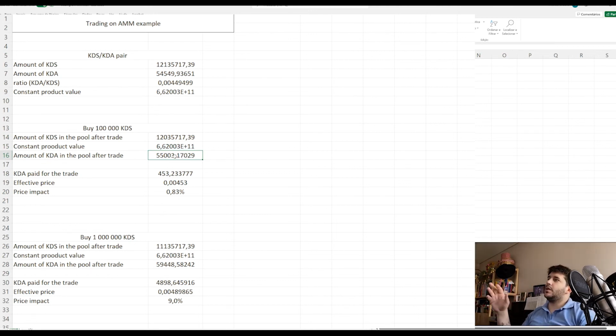Okay. So how much do we pay for the trade? We pay this number subtracted by this number, which is exactly this. Well, actually you pay a little bit more. I can put it here. You should pay this times 0.003, which is the fee that you need to pay for the liquidity providers.